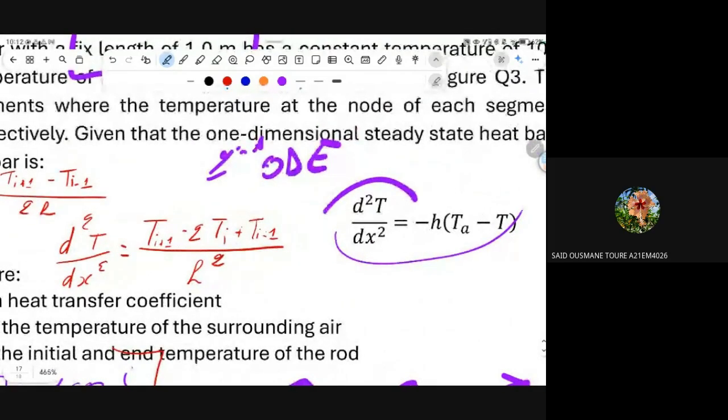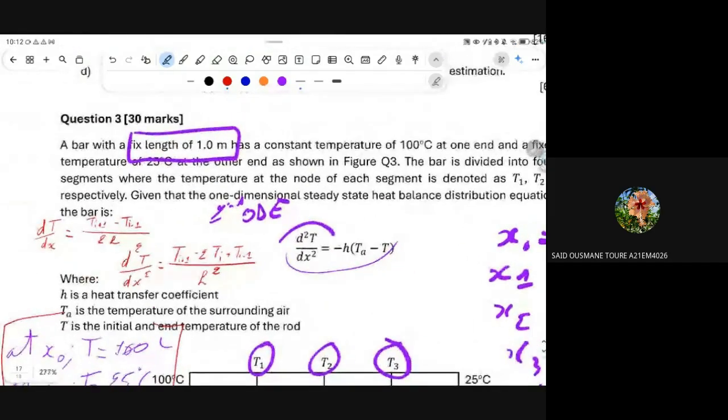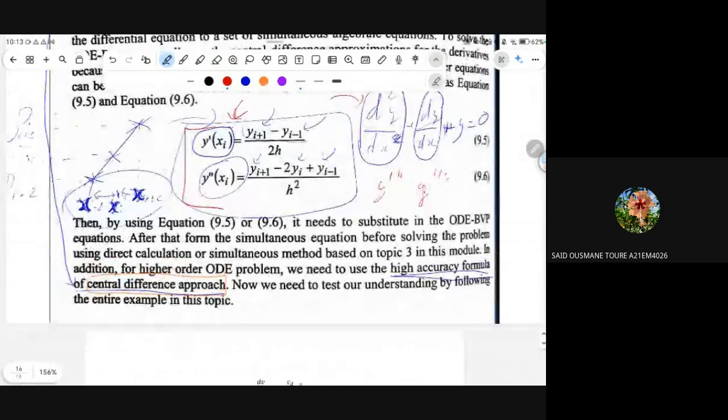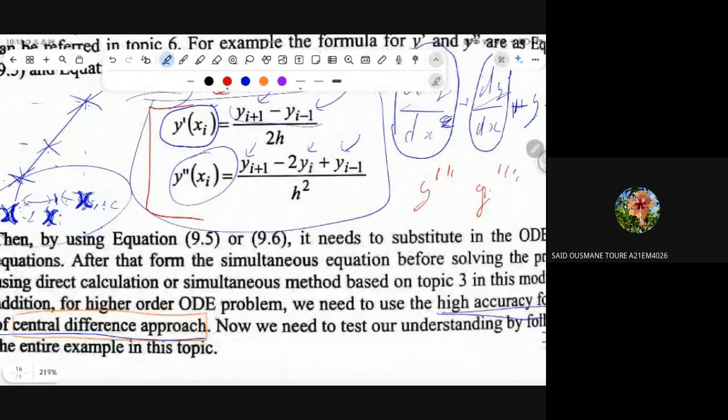Now, can we substitute this one in here? That's the essence. That's the question. This is how you know that you're following the central difference approach, because you're using its formulas. These are the formulas that you're supposed to use for the central difference approach.